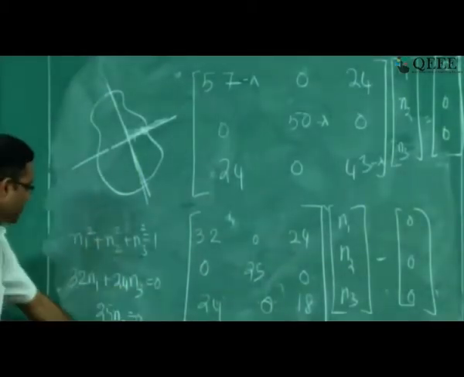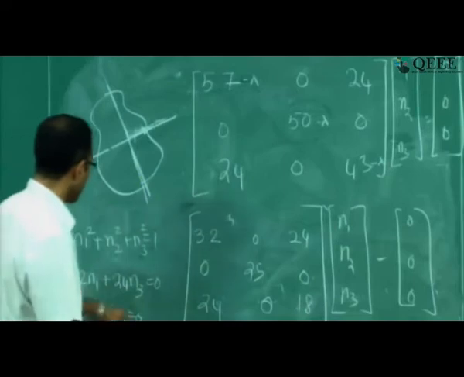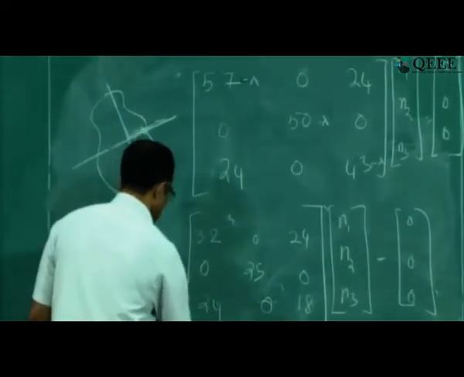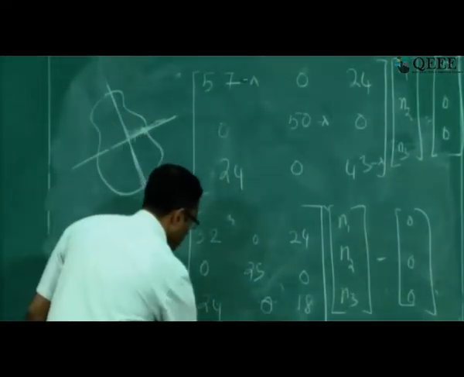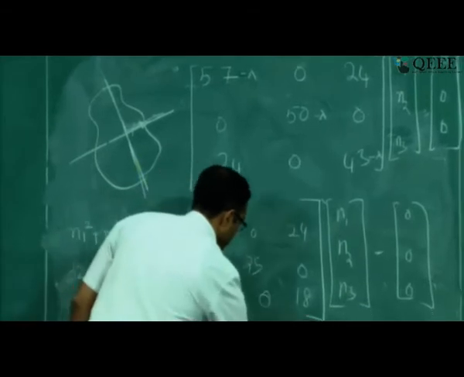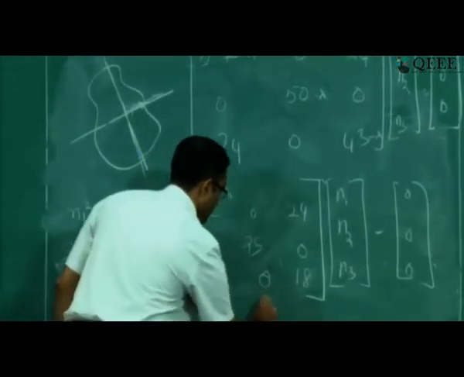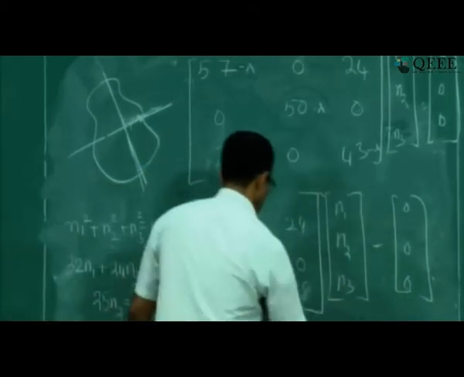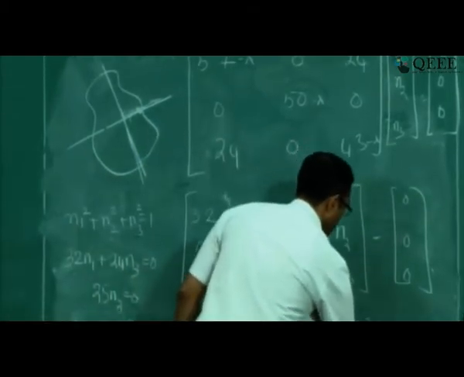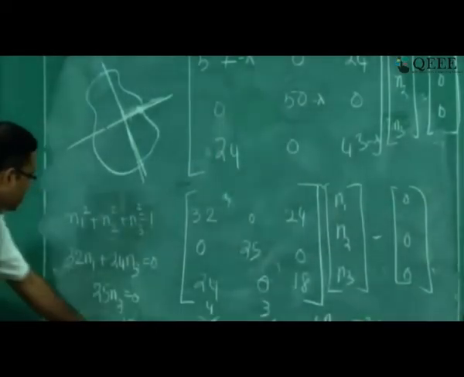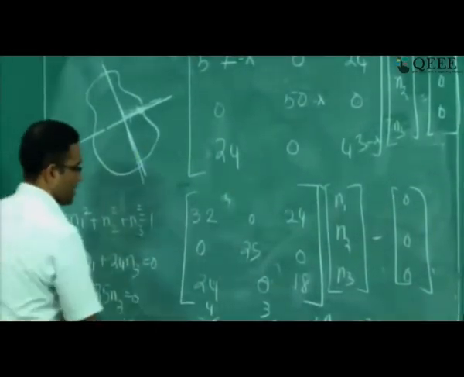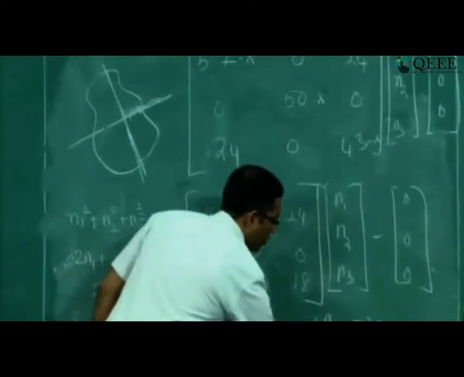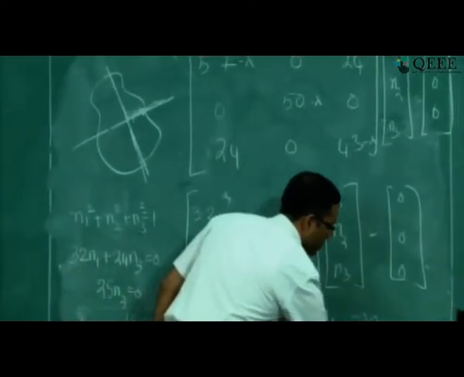Then these two equations, if you take 32 n1 plus 24 n3 is equal to 0, give you the following. 8 threes are 24, 8 fours are 32, so 4 n1 is equal to minus 3 n3. From the other equation also, you will get exactly the same relationship. You will get 4 n1 is equal to minus 3 n3.